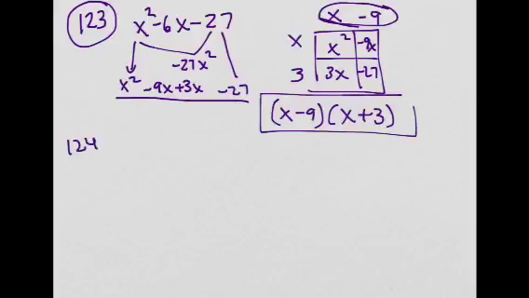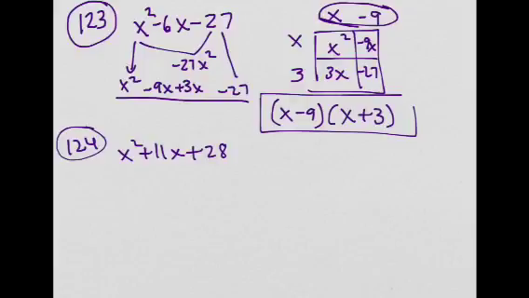124. We have x squared plus 11x plus 28. So I mean, when the leading coefficient is 1, you don't have to go through this box method, but I like to do it anyway just to show you that it works for all of them.